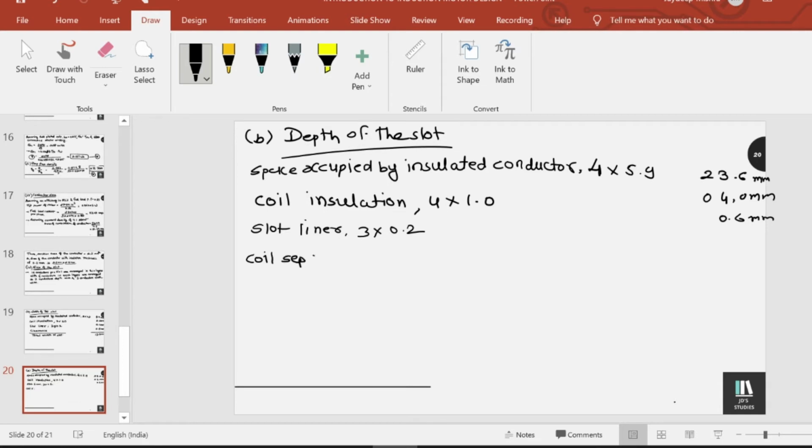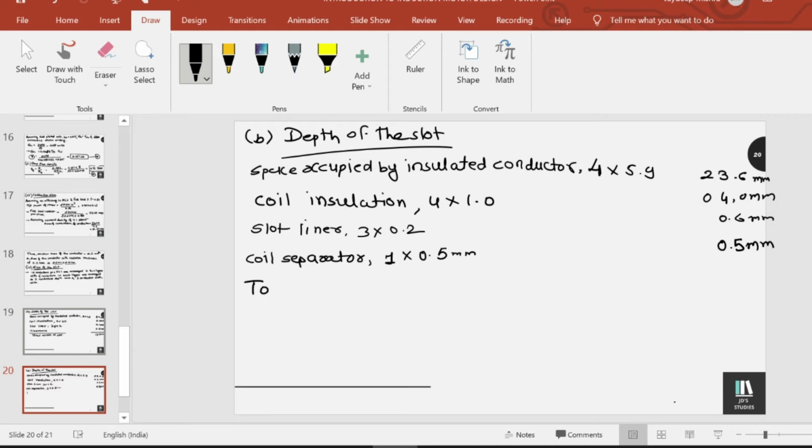Coil separator, we have 1 into 1.0 mm, no, it's not 1, it's 1 by 2, so we get 0.5 mm.